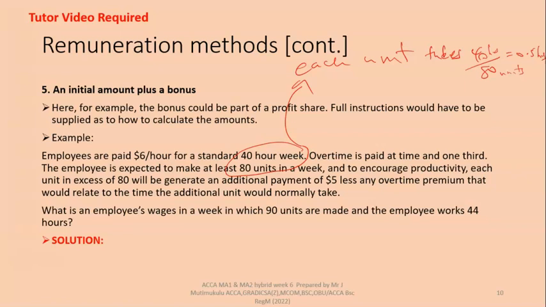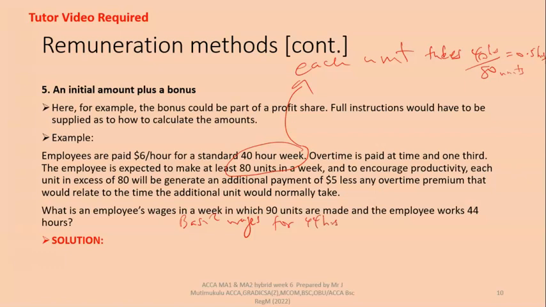So the basic wage: what is an employee's wage in a week in which 90 units are made and the employee works 44 hours?